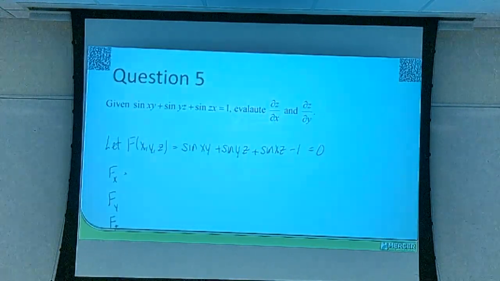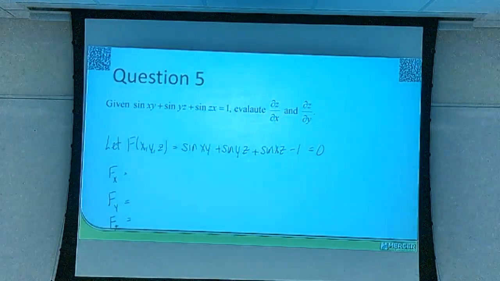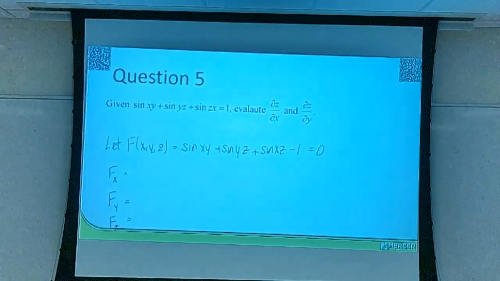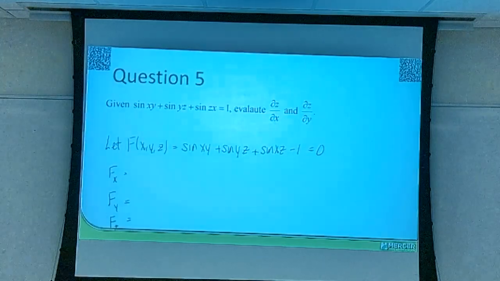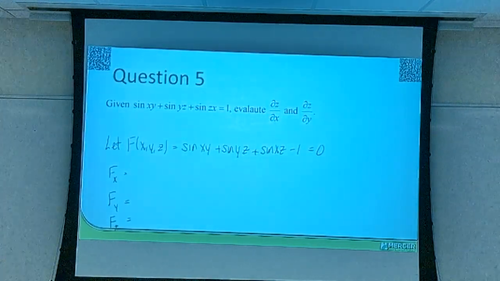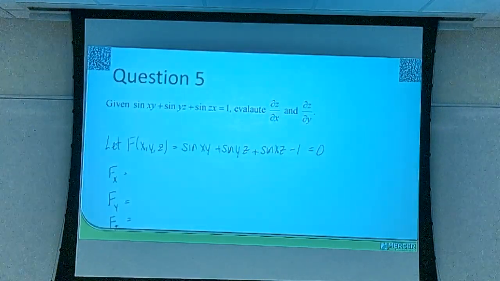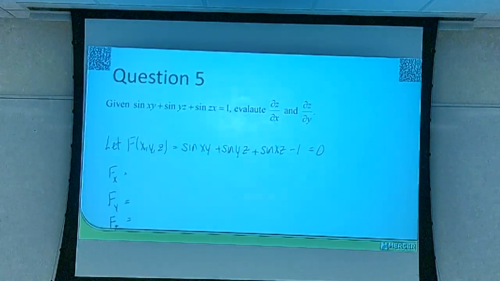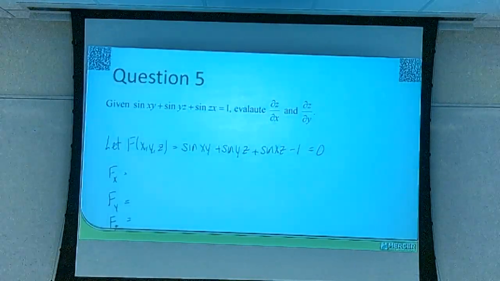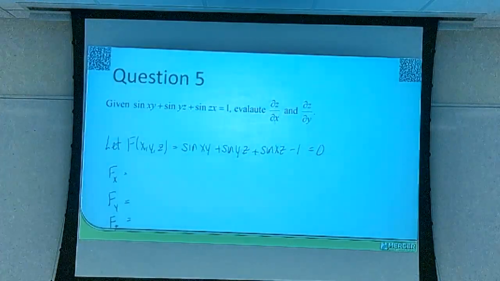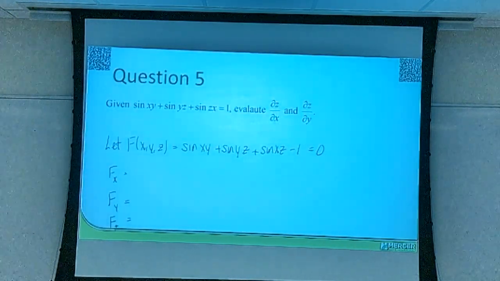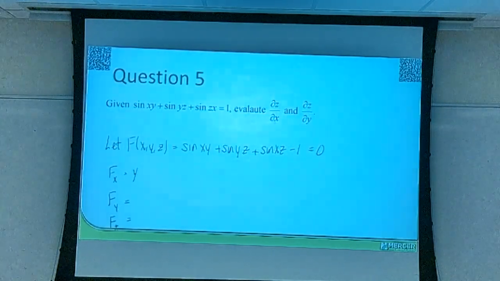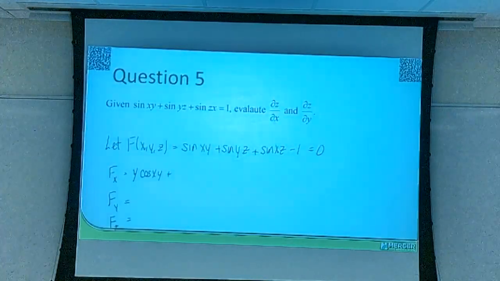What is the partial of f with respect to x? Cosine y plus cosine z. That would be that, right?